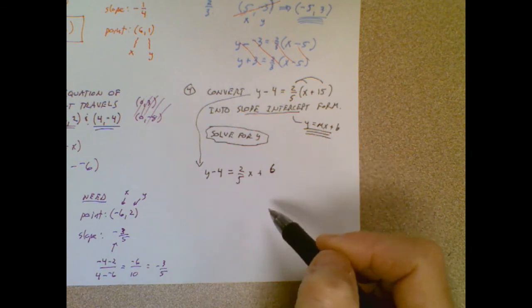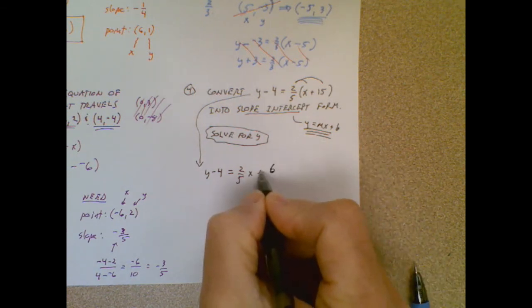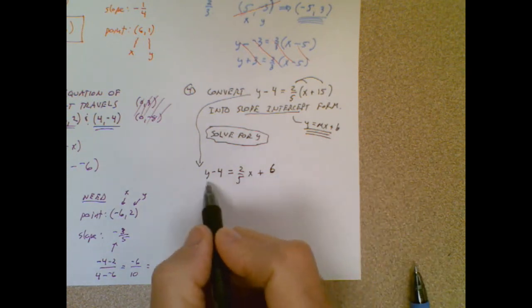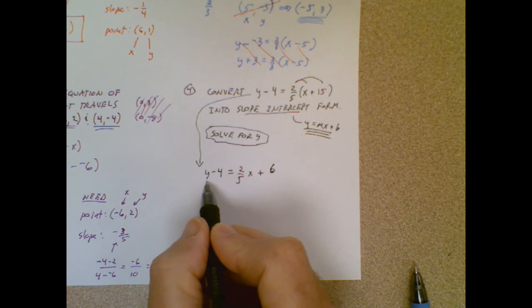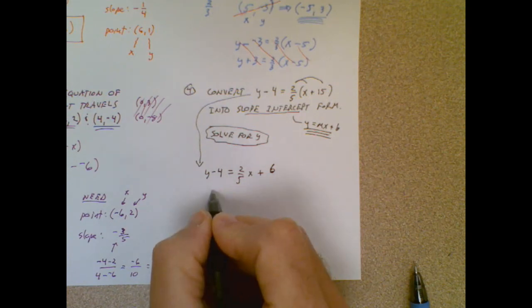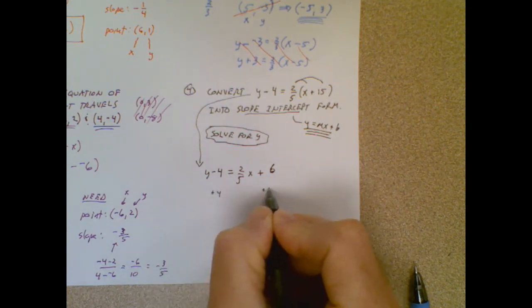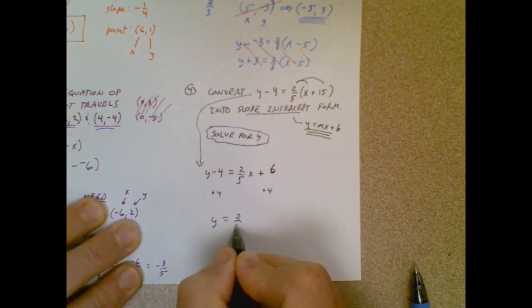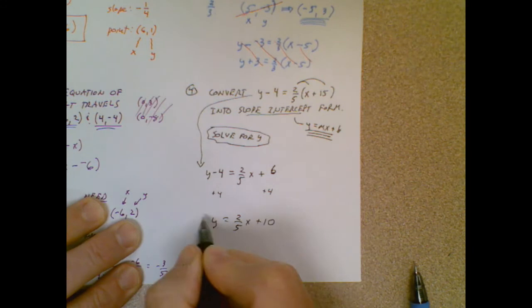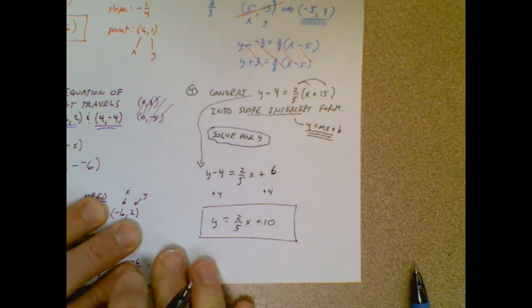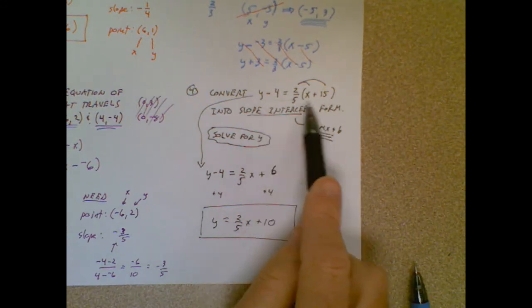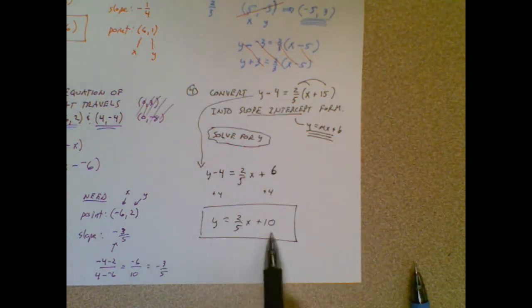And if you're not a fan of mental math, then go to the calculator and get that done. But I take a look at this, and I do not have y equals mx plus b because y is not by itself. But if I now add 4 to each side, I get y by itself. And there we go. So this equation, point-slope form, is the same thing as this equation in slope-intercept form.